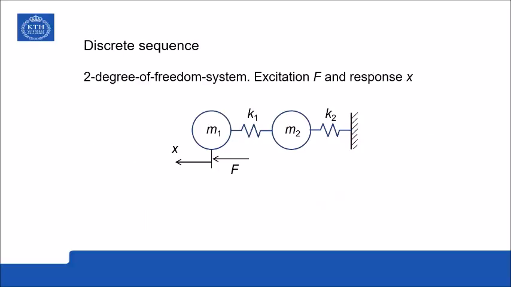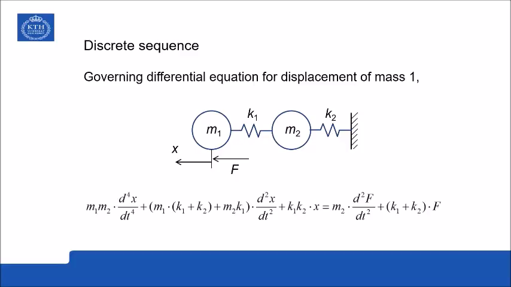So, for example, if we consider a 2-degree of freedom system, where we excite mass m with force F, and we measure the response in x here. How can we then model this system as a discrete system, with discrete sequences? Well, we start as usual with the governing differential equations for the displacement x.